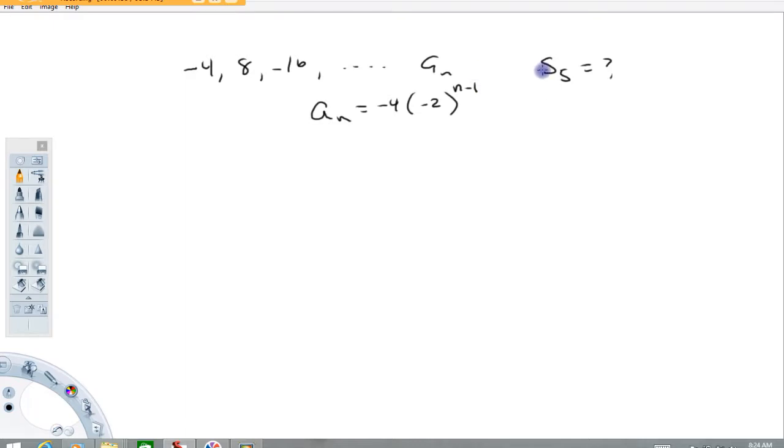Now, the sum of this sequence is going to equal -4 plus 8 plus -16 plus, and so on, plus our last value, -4 times -2 to the n minus 1.